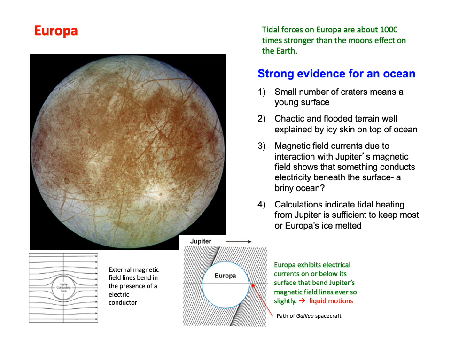So what I'm showing in the lower left is what would happen if it was highly conductive, like a metal ball, which is highly conductive of electricity. When you put magnetic fields aligned, they actually bend around the conductor itself, if it's an electrical conductor. So we were able to measure the behavior of the lines as they passed through and around Europa with the Galileo spacecraft.